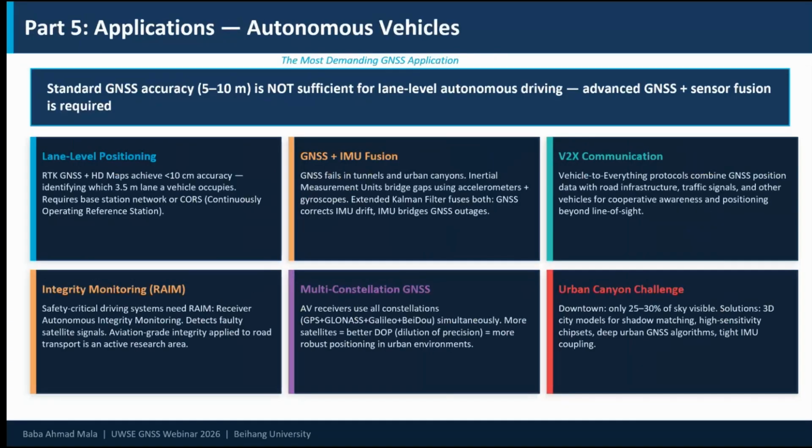The ultimate test for GNSS, let's see this technology in action, starting with the most demanding application, self-driving cars. In order for it to know how to navigate safely, it needs to know its position with lane level accuracy.